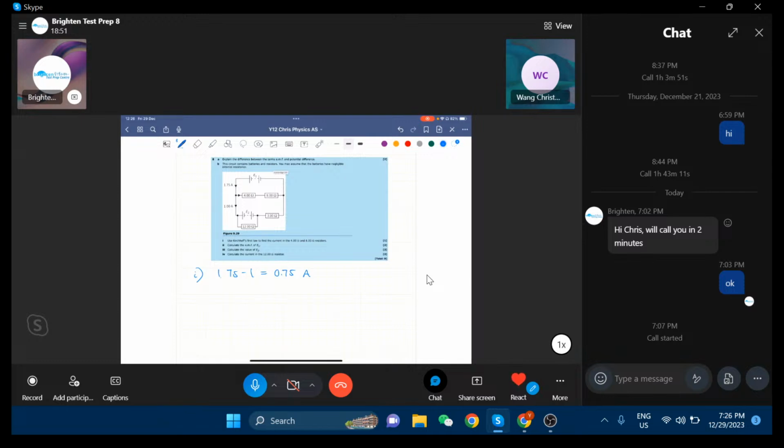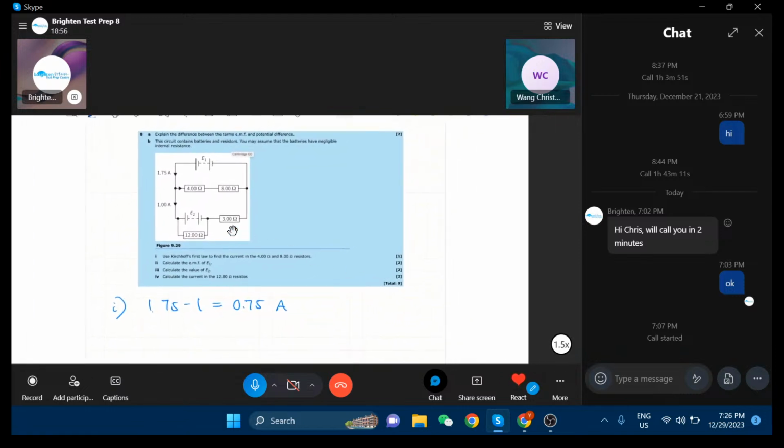Question B, what is the EMF of E1? So we look at that one. I think we only have to consider the loop of 4 plus 8 ohm.